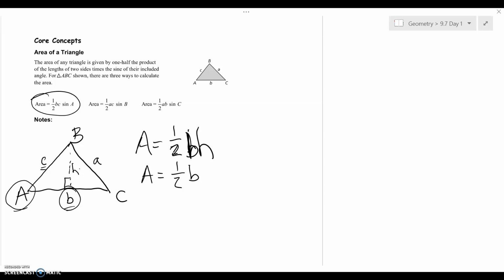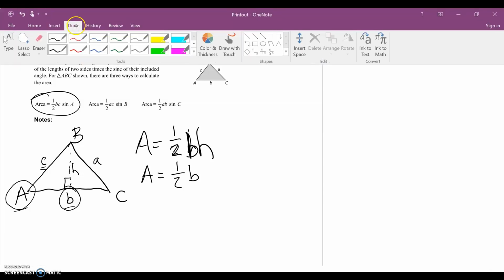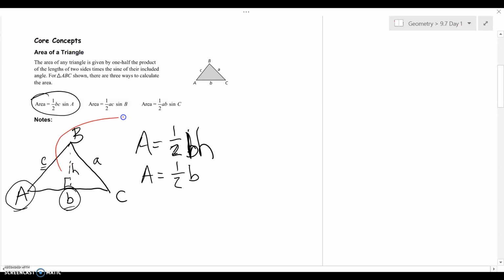I'll switch colors and look just at that one right triangle that has our 90 degrees, our h, little side c, and then our angle A. We don't really need the B, we just need the A, the h, and the c.